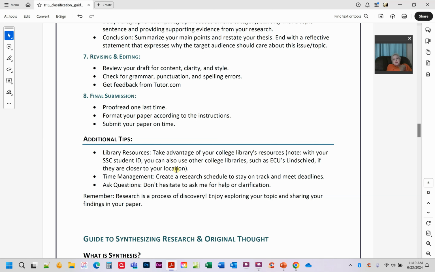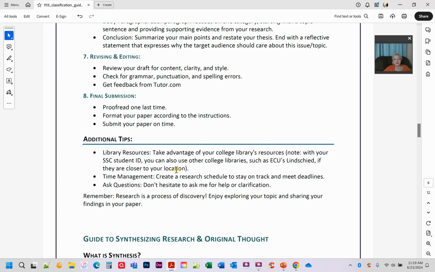You also don't want to use a public library. Public libraries do not usually carry a lot of academic sources, unless it's maybe a huge library like Oklahoma City's main library, the one downtown, not a branch library. But again, usually you need to go to a college. So your ID can get you into OBU's library, should be able to get you into Rose State or OU's library, can also get you into Ada's library.